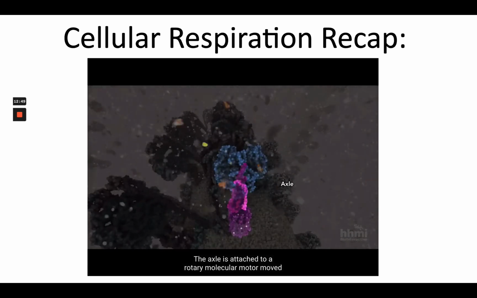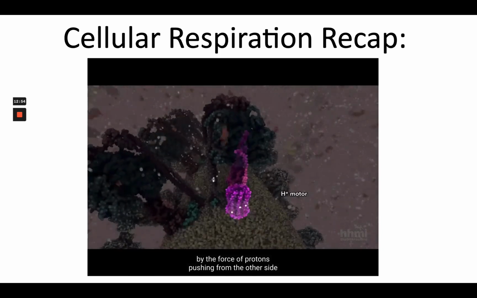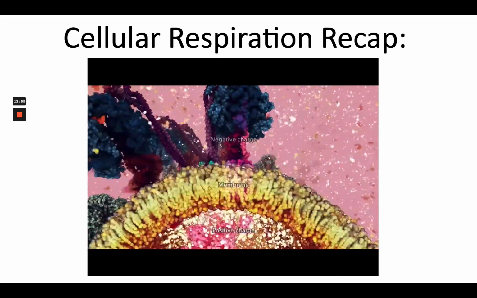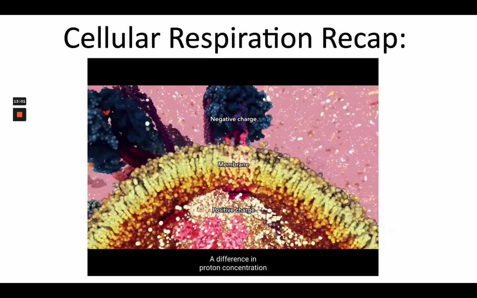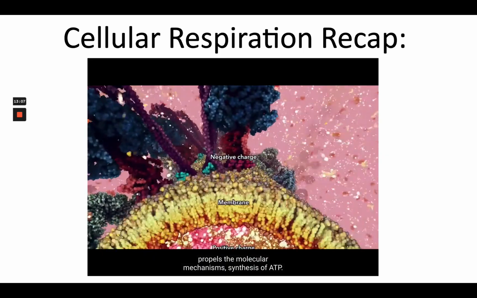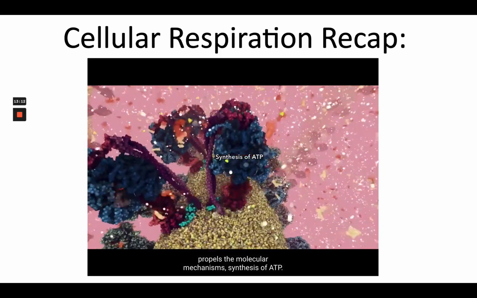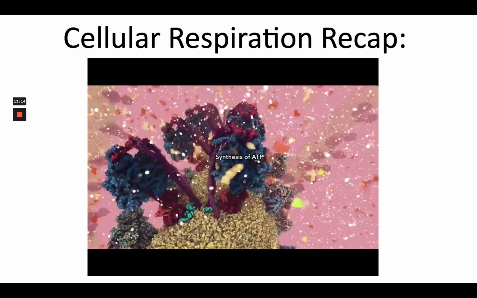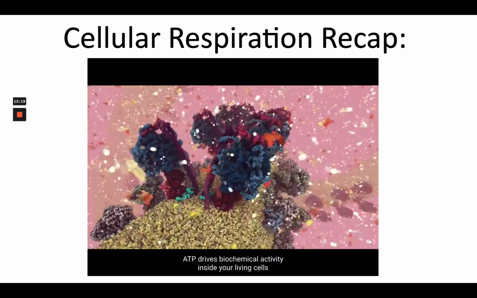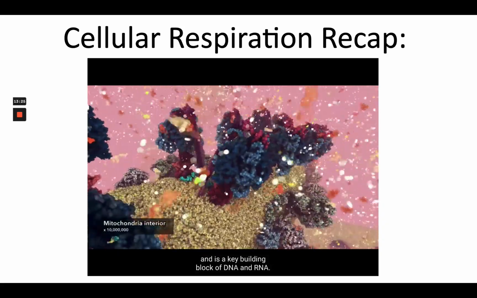The axle is attached to a rotary molecular motor, moved by the force of protons pushing from the other side of the membrane. A difference in proton concentration propels the molecular mechanism. Synthesis of ATP. ATP drives biochemical activity inside your living cells and is a key building block of DNA and RNA.